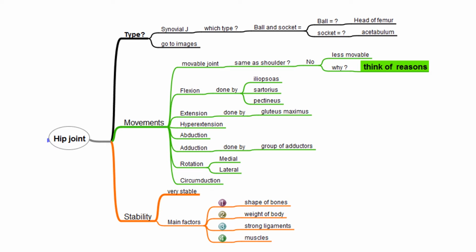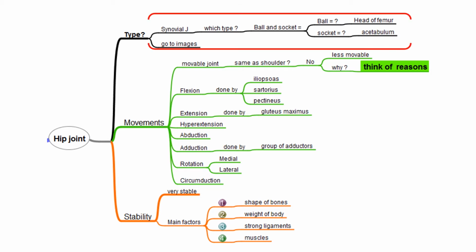Let us look at this mind map of the hip joint so that we have a starting idea of what we are going to see. The first idea we are going to address is what type of joint is the hip. It is a synovial joint, of the ball and socket type.